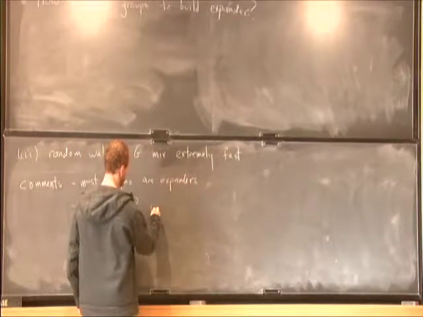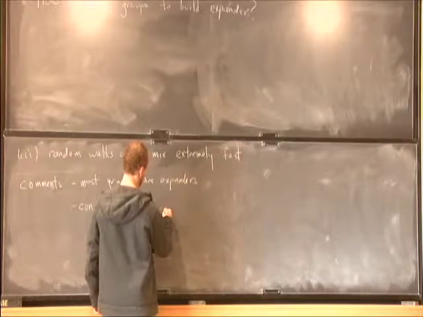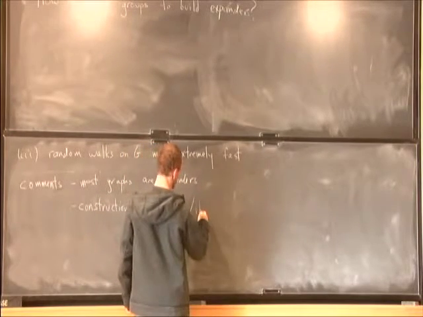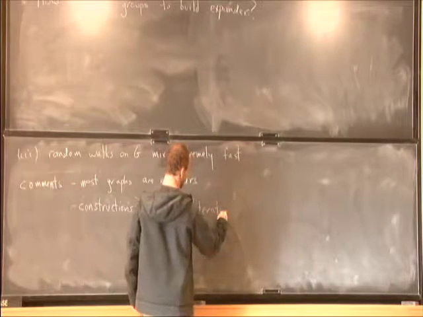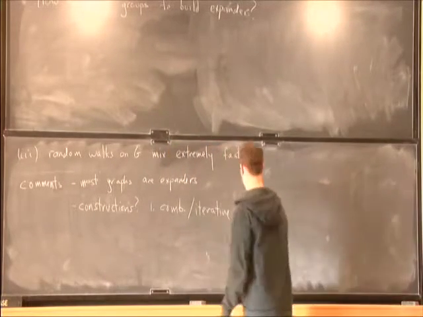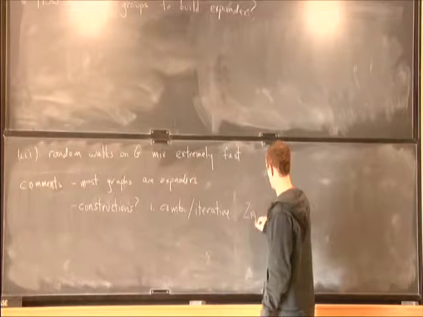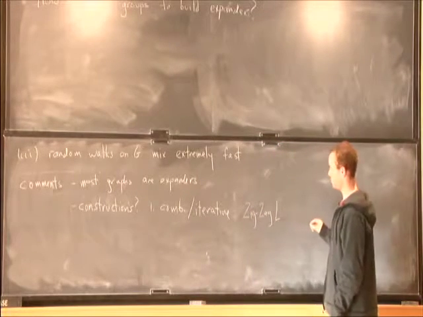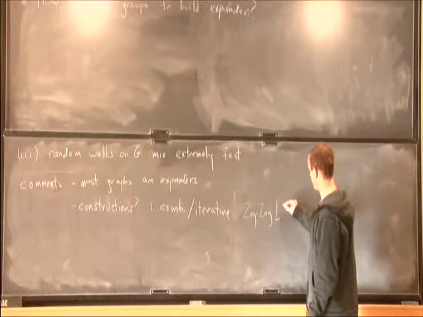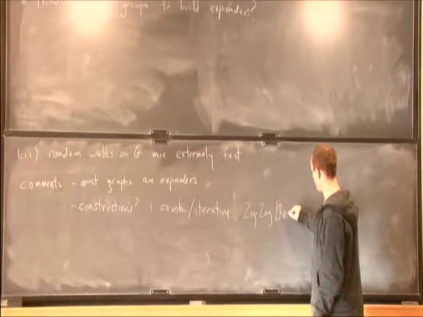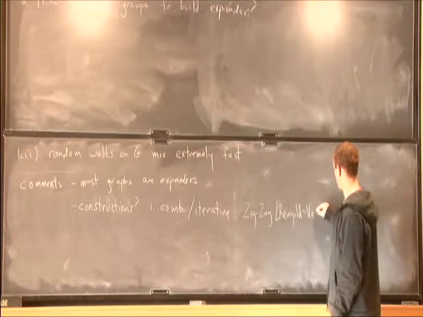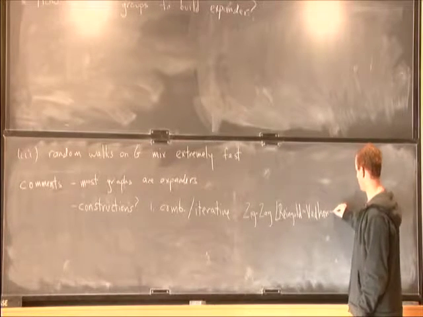One type of construction is combinatorial or iterative in some way, like the zigzag product of Omer, Salil, and Avi.